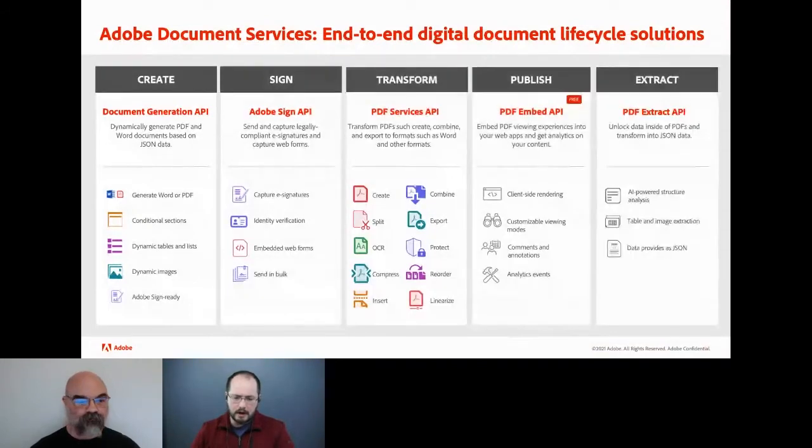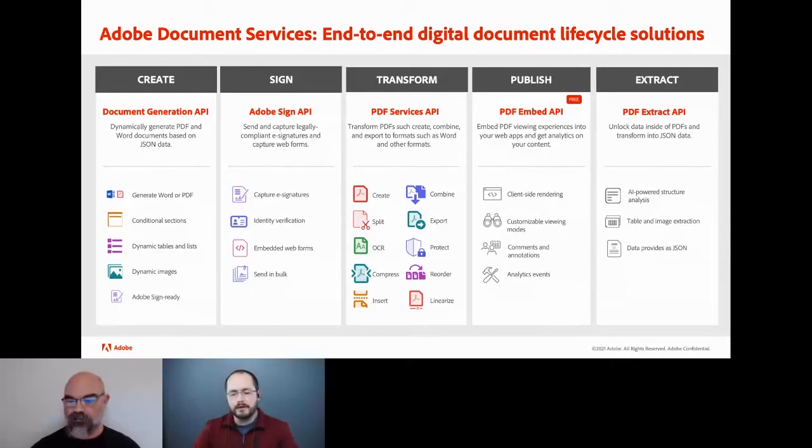There you go. All right, cool. So where we are in this is we're actually in that last section over on the right, which is PDF Extract API. Taking all that data from your PDFs, which oftentimes are difficult to extract out and be able to do that automatically. Now, we're using Adobe Sensei to be able to help facilitate that.